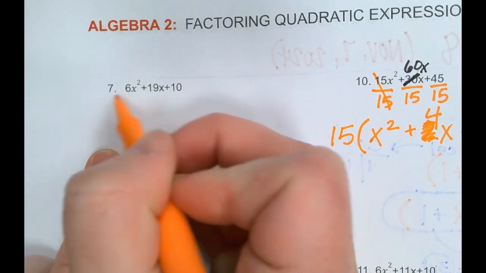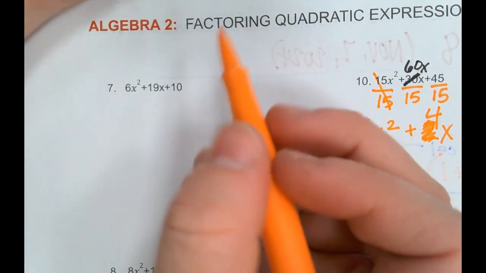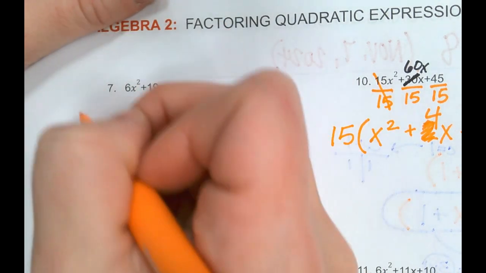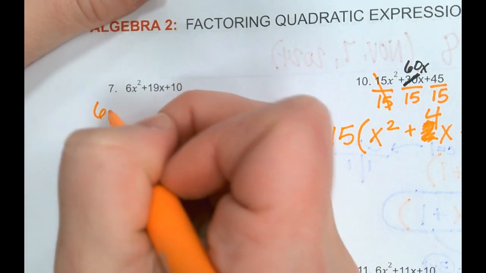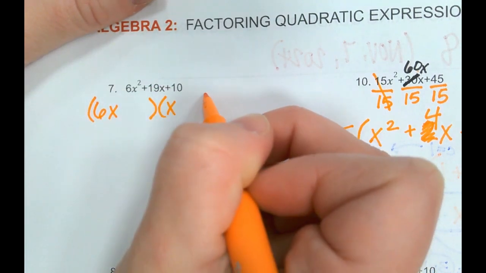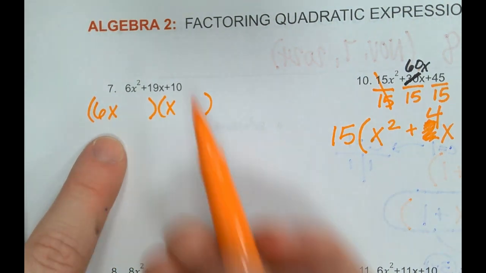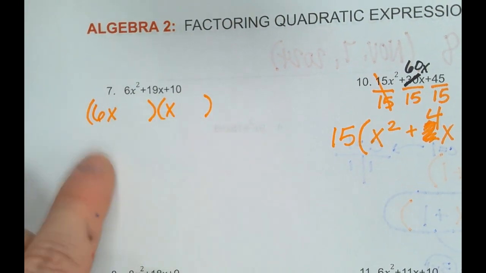Do I have a greatest common factor? No, I don't. So, 6 needs to probably be in my answer. 6x and x. Now, should it be 6x squared? Yeah, that's right. We want to keep it 6x and x.